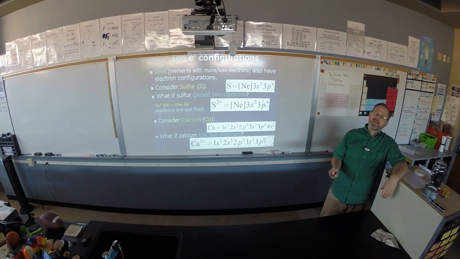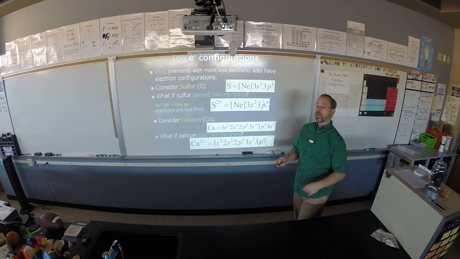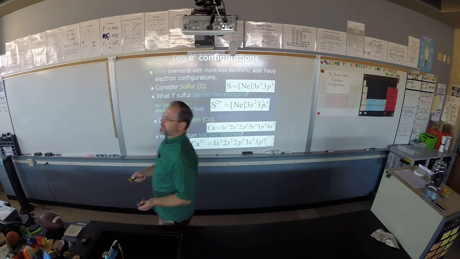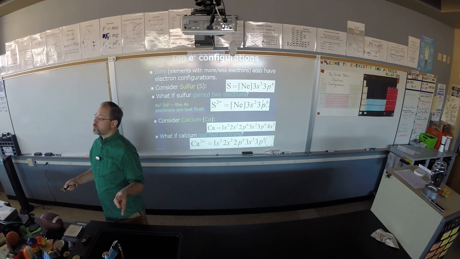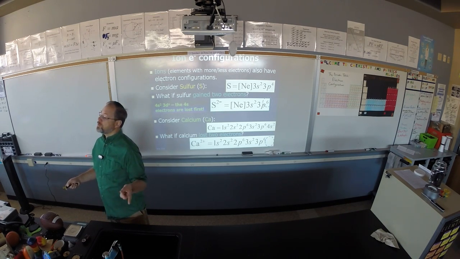So if you have titanium and you say, hey titanium, what's your favorite ion? Titanium's going to be like, my favorite ion is +2. How do you lose those 2 electrons, titanium? I lose the 4s2 because they are higher in energy than the 3d2. Similarly, iron, hey iron, how do you lose your electrons? I lose the 4s2 because the 4s2 are further from the nucleus than the 3d6. Make sense?